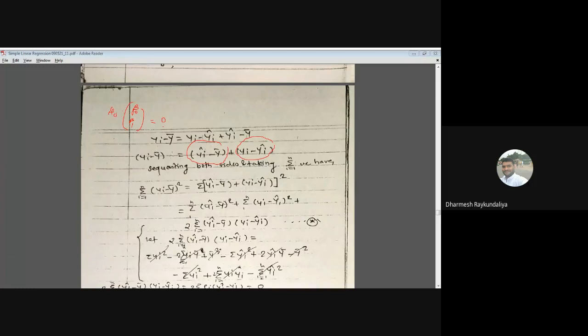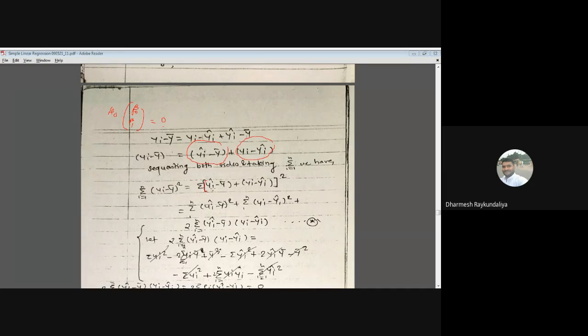If you take the square on both sides and then the summation over all n, it is the summation, i running from 1 to n, of yi minus y bar square. Here I have to first take the square and then the summation. So it is the sum of yi cap minus y bar plus yi minus yi cap, whole square.